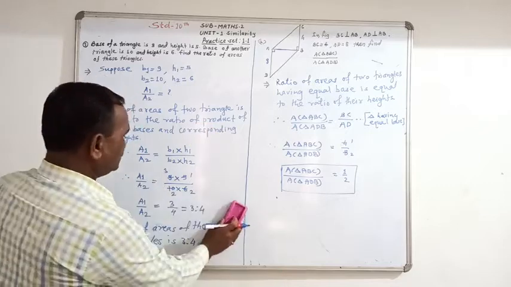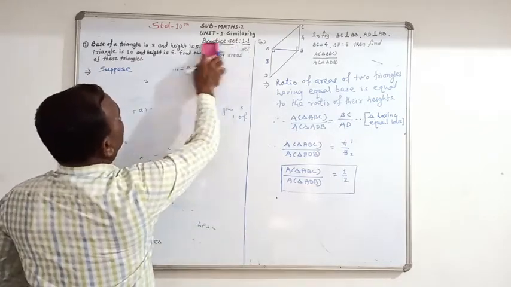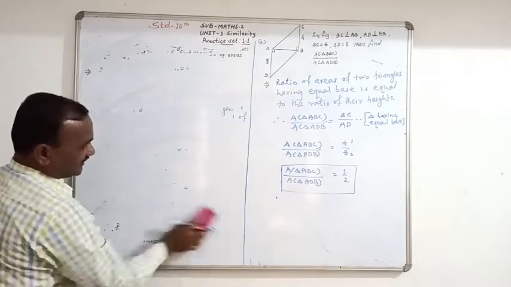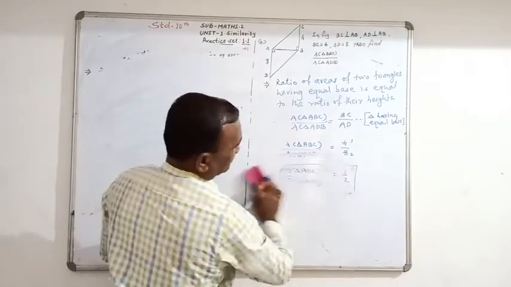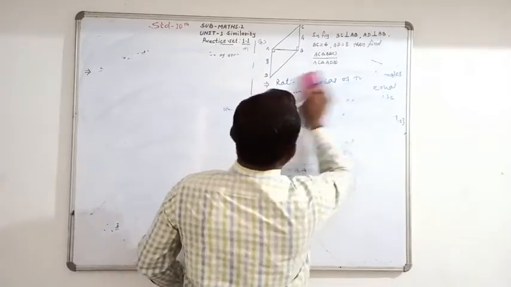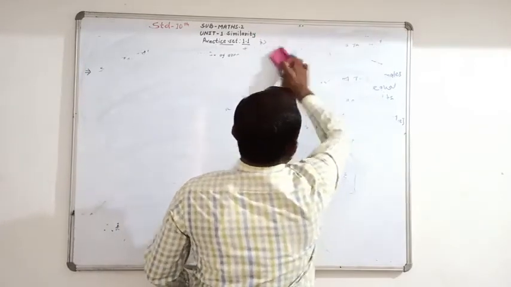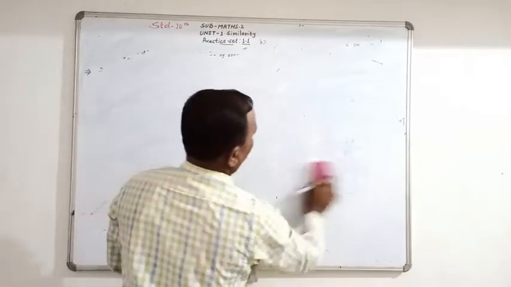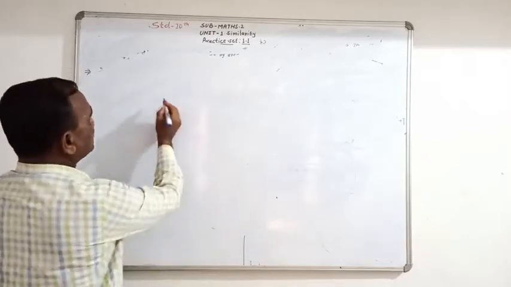Okay, so we can think about example numbers 3, 4 and 5 shortly, which will help you solve them.